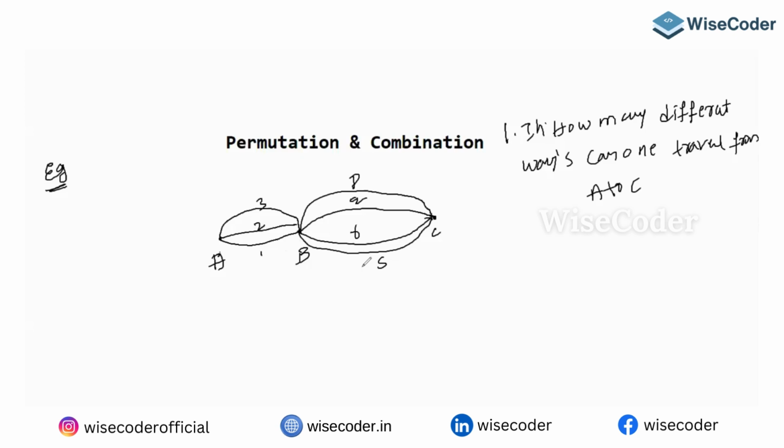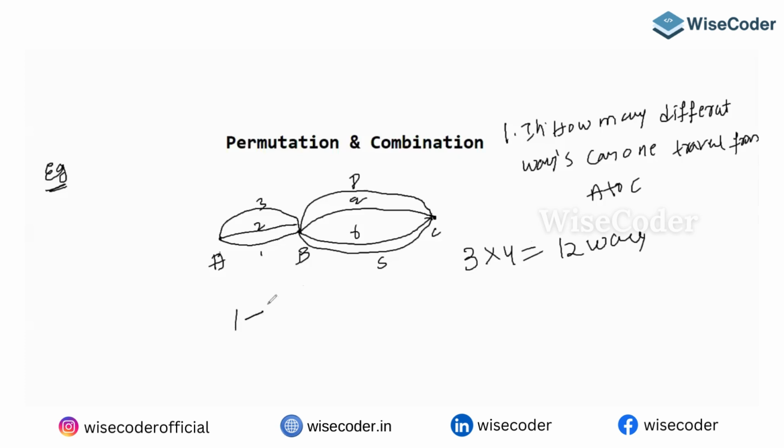Since one has to choose a way from A to B and B to C, the total number of ways must be what, guys? It is A to B and B to C, not A to B or B to C, which means there are three ways and there are four ways. 3 into 4 is what, guys? 12 ways. How? It's very simple.